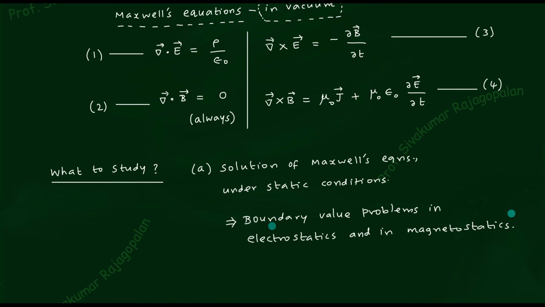I am trying to explain why you use the word boundary. Boundary means if you are going to use a certain region, then that particular region will come to an end. If you are sitting in a room, that room will come to an end, right? If you open the door, you will go outside. So you say that the 4 walls of the room are your boundary. If you come outside, you are not inside the room, right?